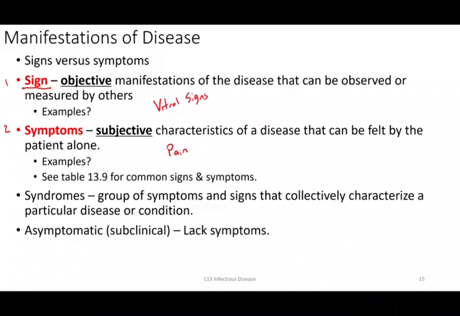We can also talk about asymptomatic infections or asymptomatic diseases where there may be underlying physiological changes, but the individual can't perceive it. And so when we talk about A, that means without or lacking symptoms.